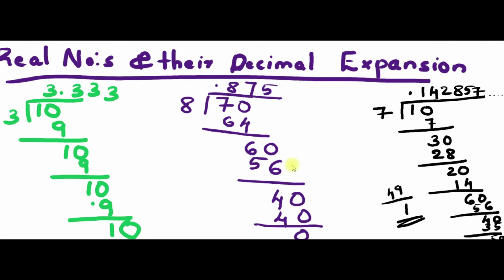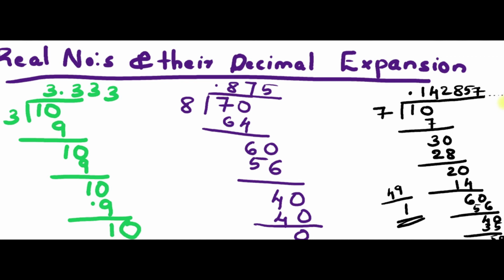Then the remainder never becomes 0 in the case of 1 by 3 and in the case of 1 by 7. For example, in the case of 1 by 3, you will always get 0.3333 and so on. And in the case of 1 by 7, it is the same process: 0.142857, again 0.142857 and so on.